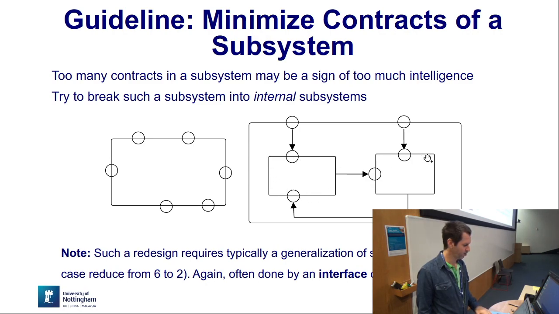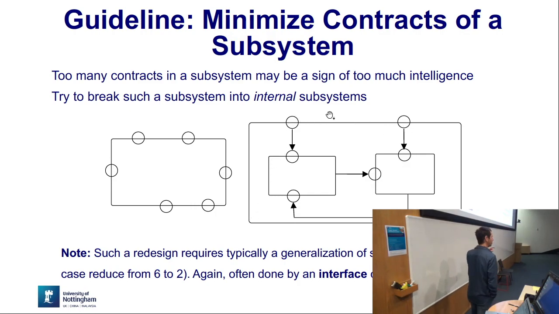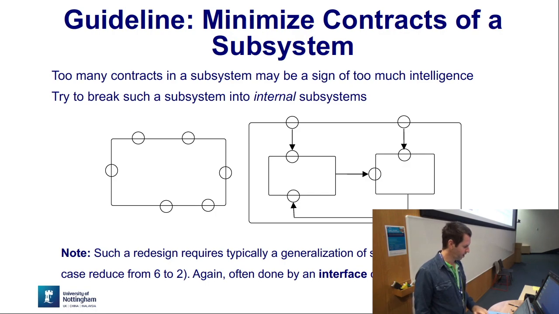And we have an external subsystem that handles only 2 contracts or 2 messages. So it simplifies the pattern of communication inside the original subsystem to outside and vice versa, right? So these 5 messages got simplified into 2. And then a few of them got moved inside the subsystem, so they're no longer exposed.